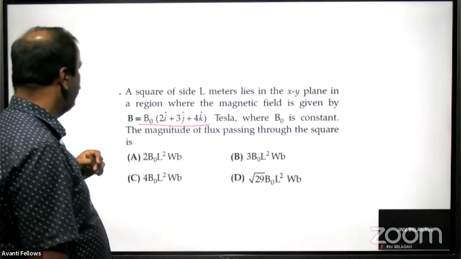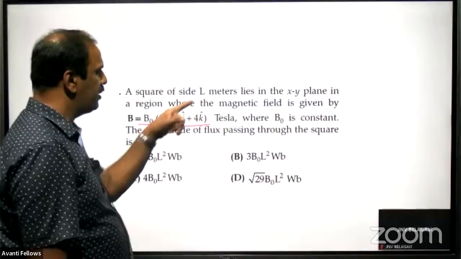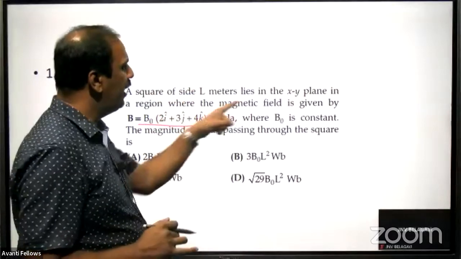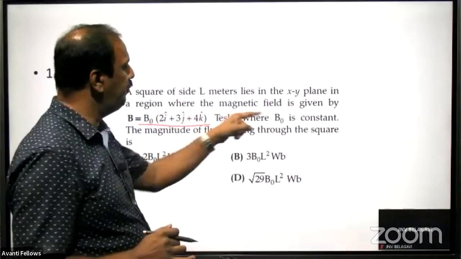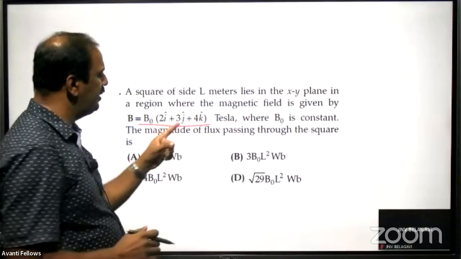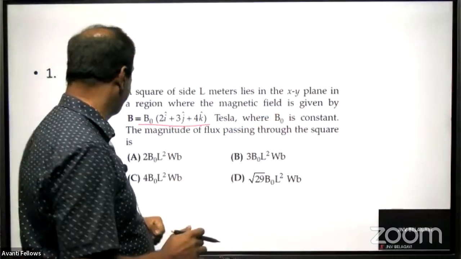So you see here, the question says a square of side L meters, that is a square, so all the sides will be L, lies in the XY plane in a region where the magnetic field is given by B is equal to B naught (2I plus 3J plus 4K) Tesla, where B naught is a constant.